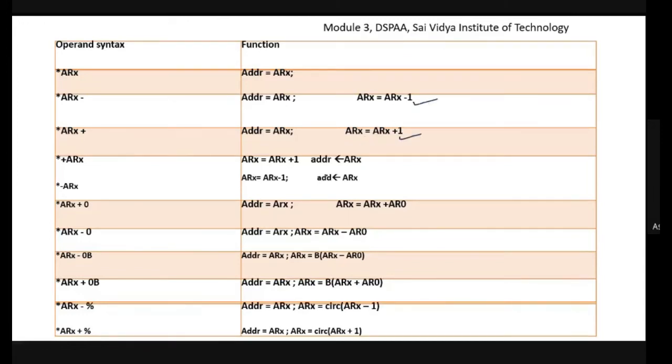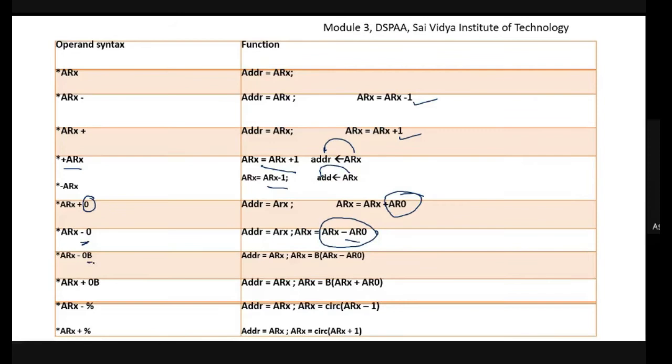Here it is incremented later. Then here, since it is pre-increment, it is incremented first and then used. Here also it is decremented first, then used. For *ARx+0, whenever plus is there, the index register AR0 is used. If *ARx-0 is there, subtraction of AR0 from ARx will be done.